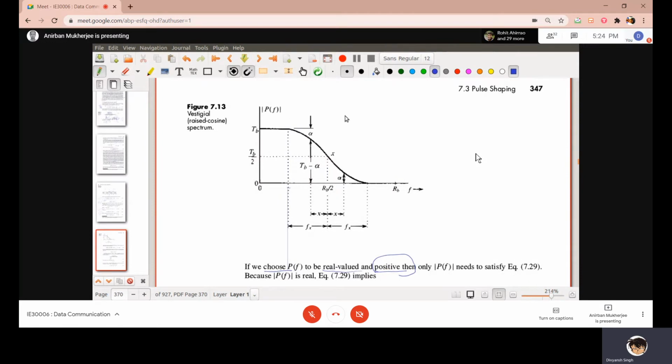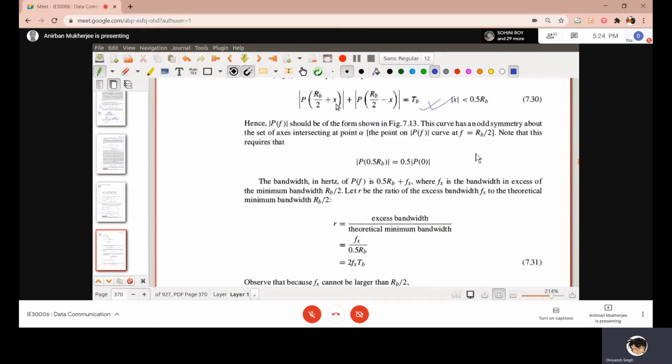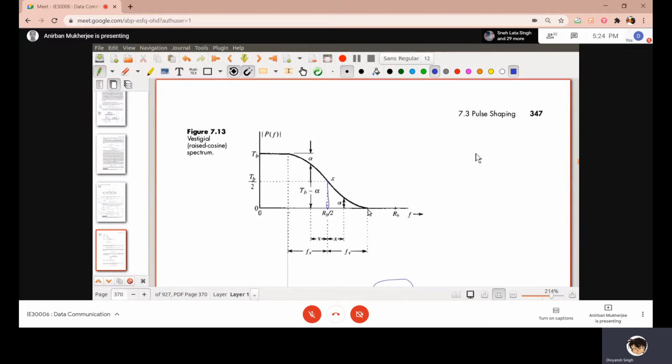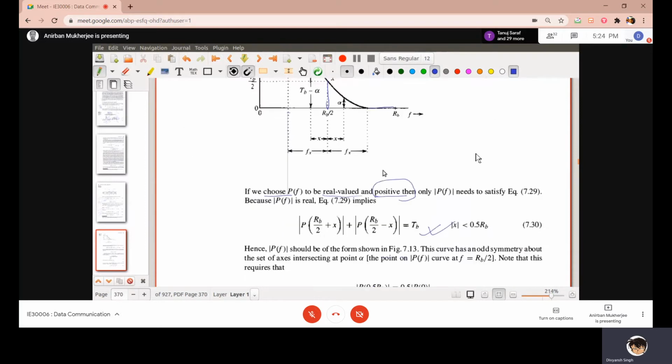Now if mod P(f) is of this form, then what will be my bandwidth? The bandwidth will be this minimum bandwidth RB by 2, plus fx, which is some excess amount I have taken.